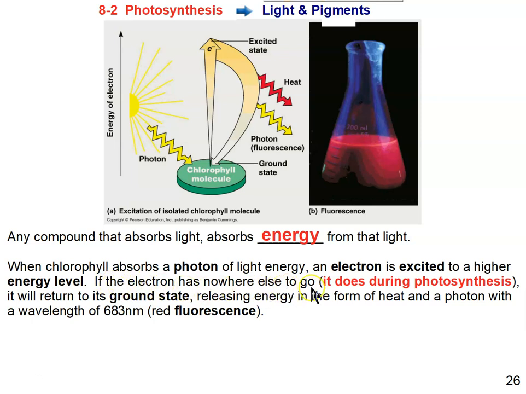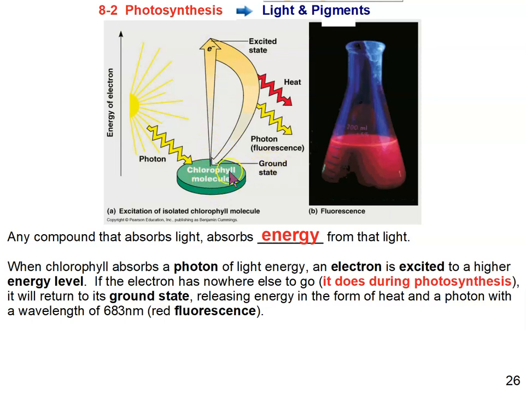And if the electron has nowhere else to go, as in this case, because this is an isolated molecule of chlorophyll. So this is a molecule all by itself, and when the electron gets excited, it has no place to go. But in photosynthesis, it does have a place to go. So it's not going to fall back to its ground state, as we say.